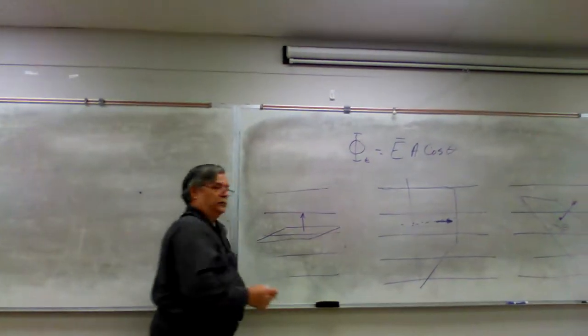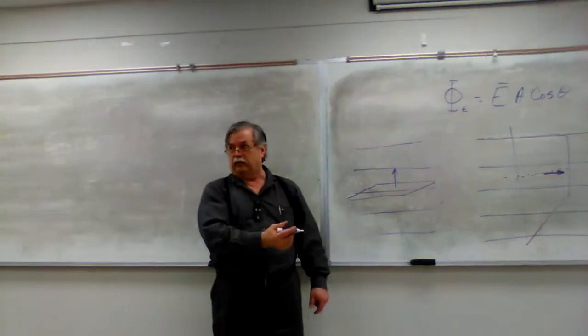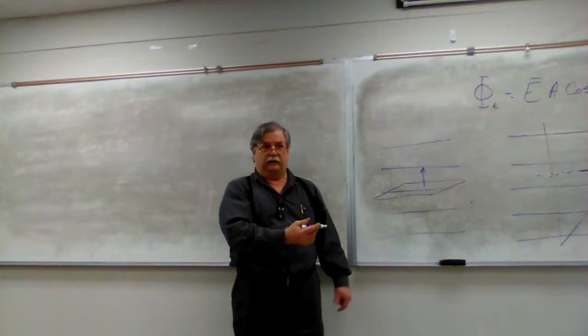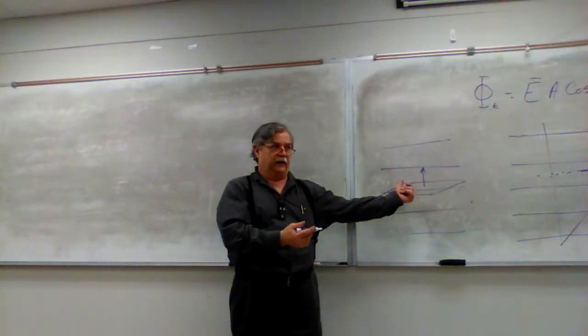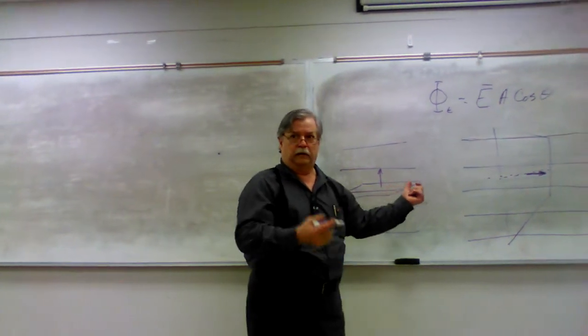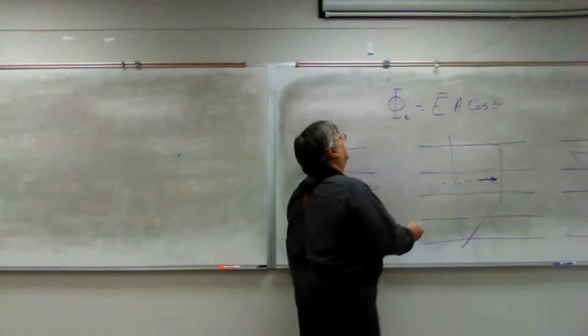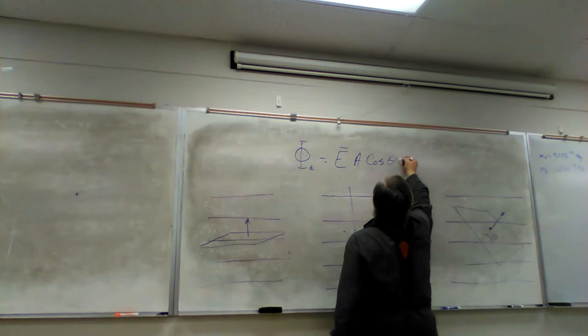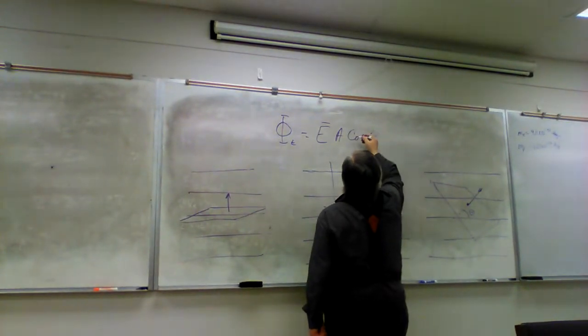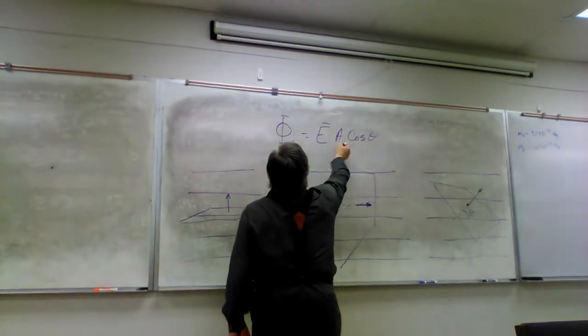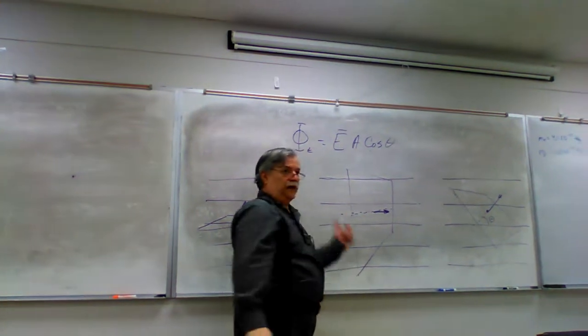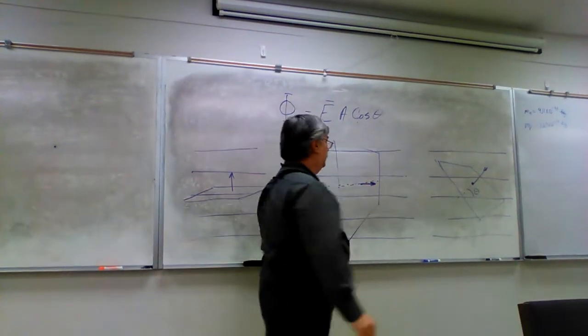How much of that E field is passing through that unit of area? None. So when this goes to cosine of 90 degrees, it becomes 0, and the flux passing through that unit area is now 0.